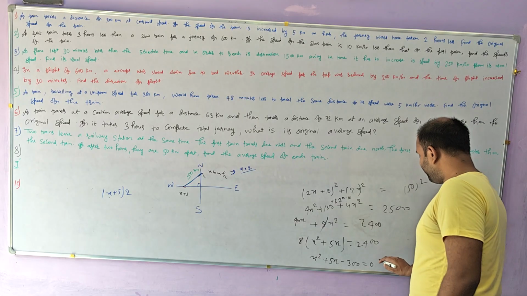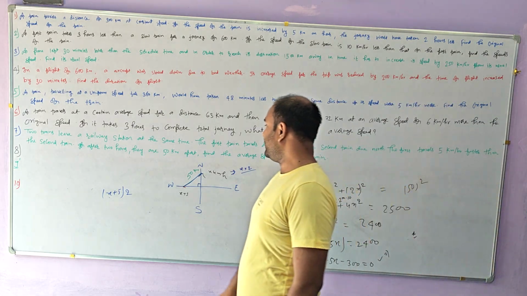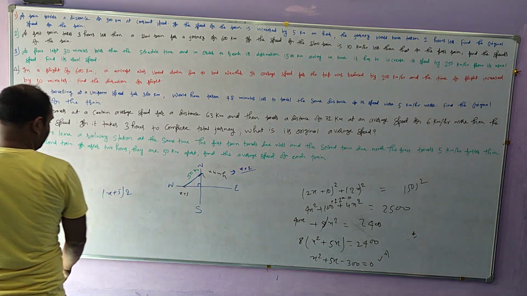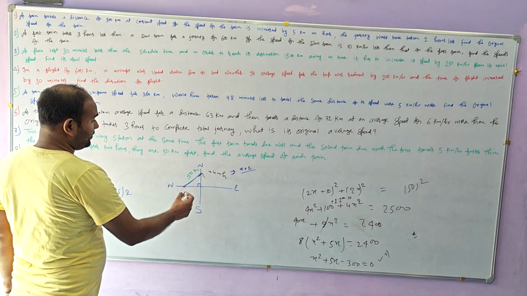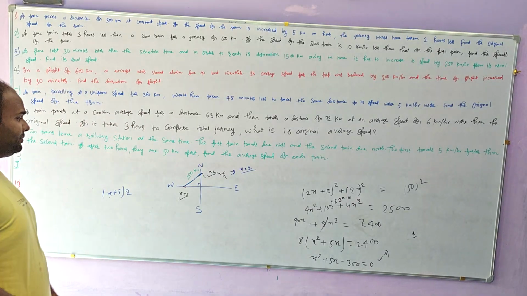Now we can easily find out x, and that is our speed: x kilometer and x plus 5 kilometer.